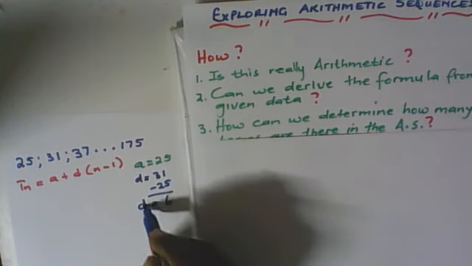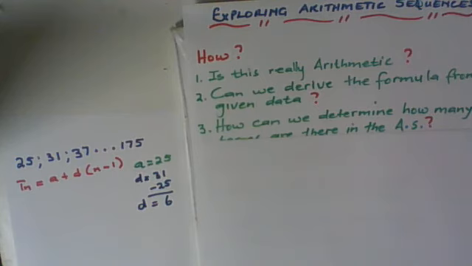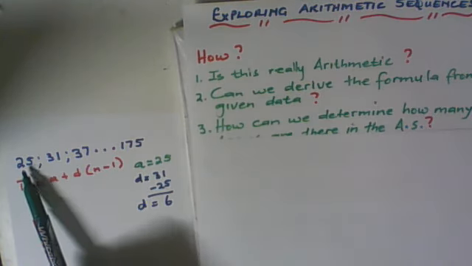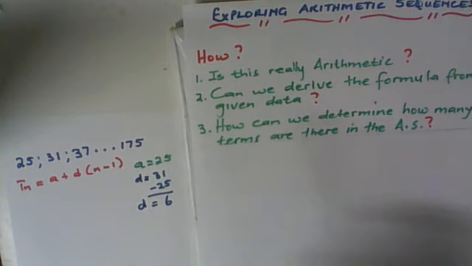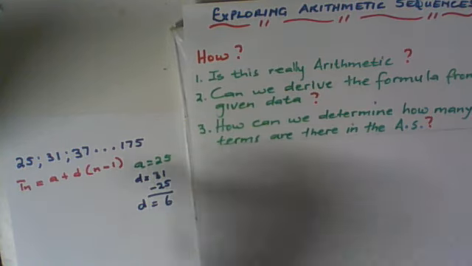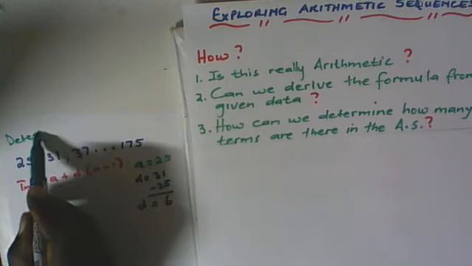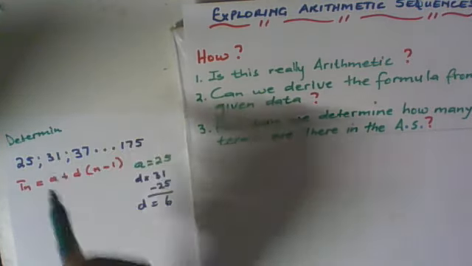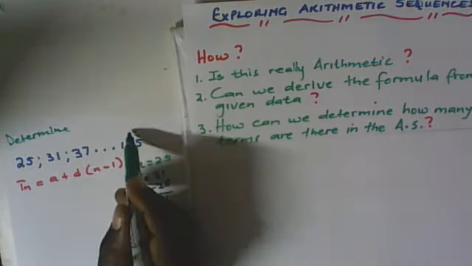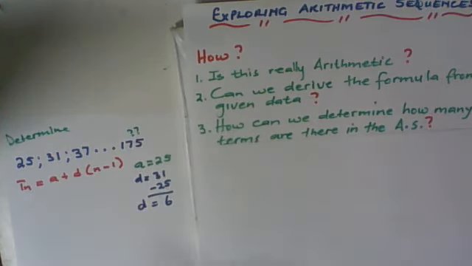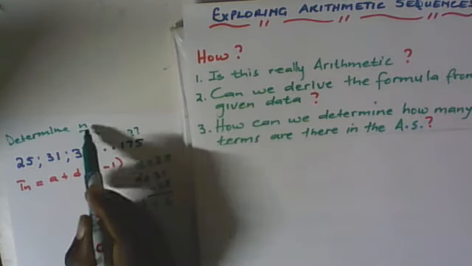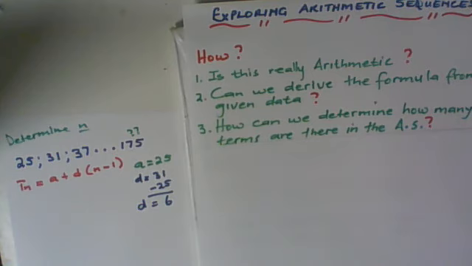Therefore, our D will be equal to 6. Now, we are to substitute. Remember, here we are supposed to determine which term this is, meaning we are going to determine n.